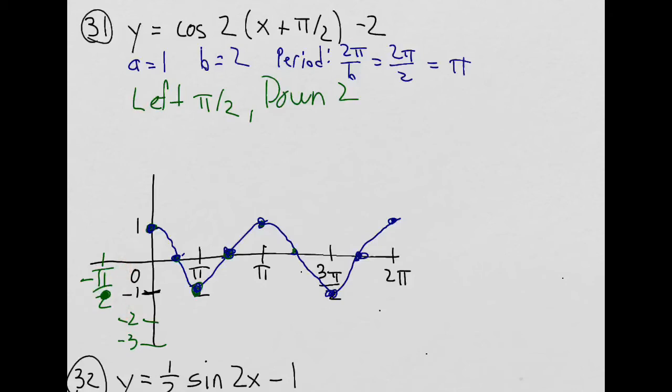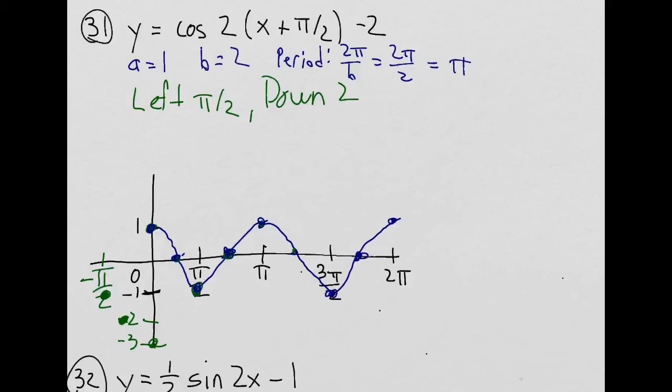So that's a dot right there. Okay, you might be getting the idea already. I'm going to start going faster on this. So this point right here, go left pi over 2, down 2. So we got a point right there. So put a point right there.